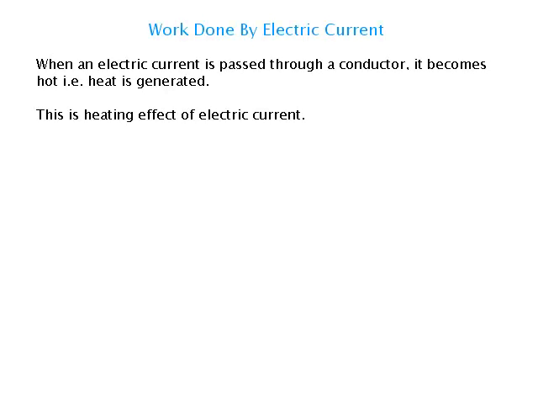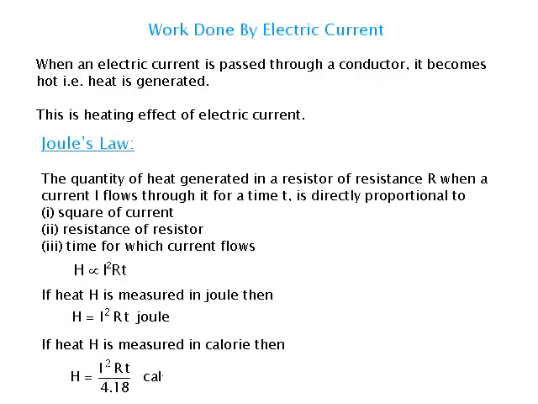Work done by electric current. When an electric current is passed through a conductor, it becomes hot, that is, heat is generated. This is heating effect of electric current. Joule's law. The quantity of heat generated in a resistor of resistance R when a current I flows through it for a time t is directly proportional to first, square of current, second, resistance of resistor, third, time for which current flows.